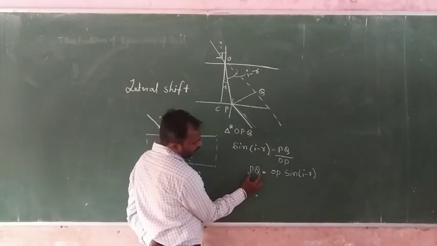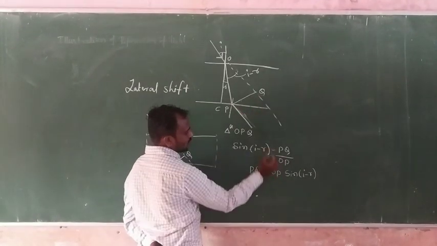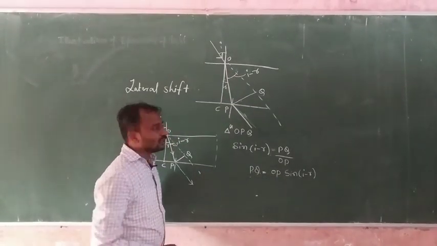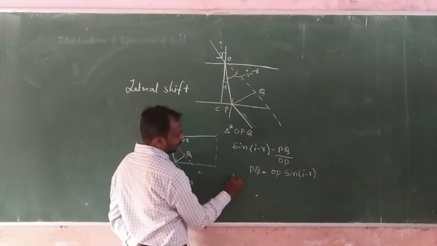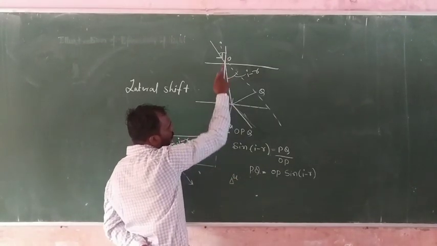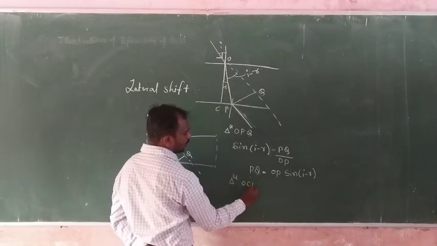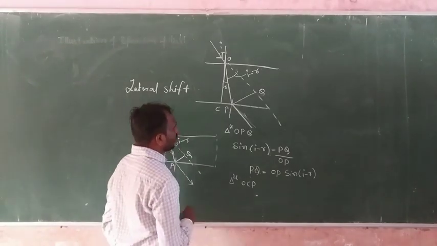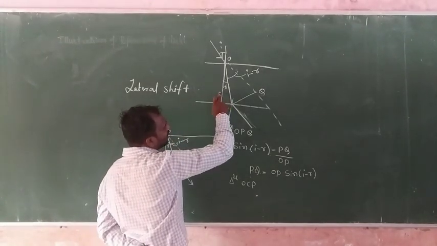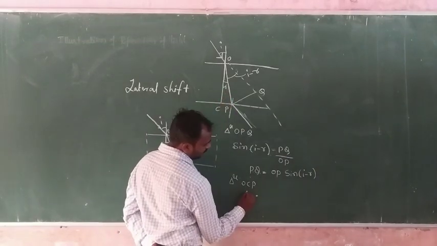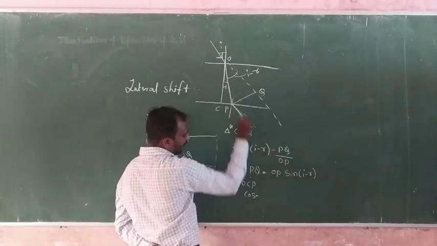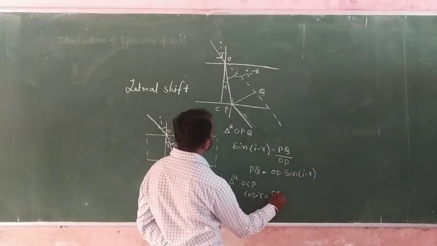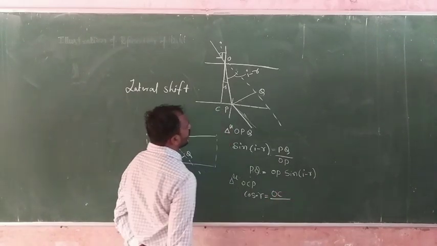Before calculating this perpendicular distance, first we have to find out this OP value. So we consider another triangle, OCP. In this triangle we consider a cosine function. Why? Because cosine means adjacent by hypotenuse. So cos of angle R is equal to adjacent OC divided by OP.